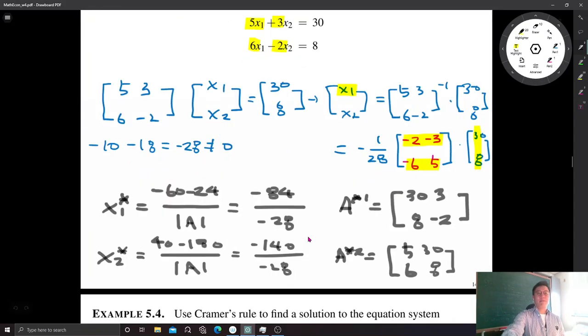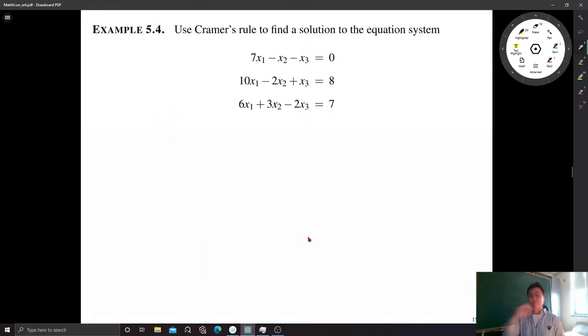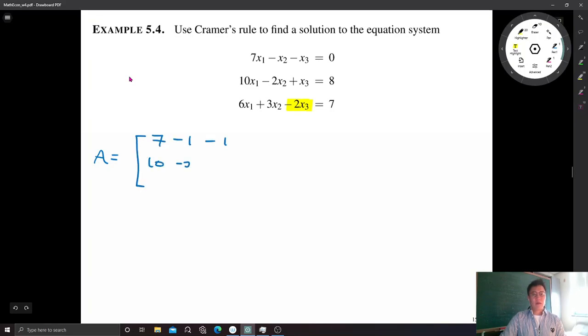But things will be different in the case of 3 by 3. Suppose in this example we look for the third solution, x3. Then the coefficient matrix is now 3 by 3, with entries 7, 10, and 6.